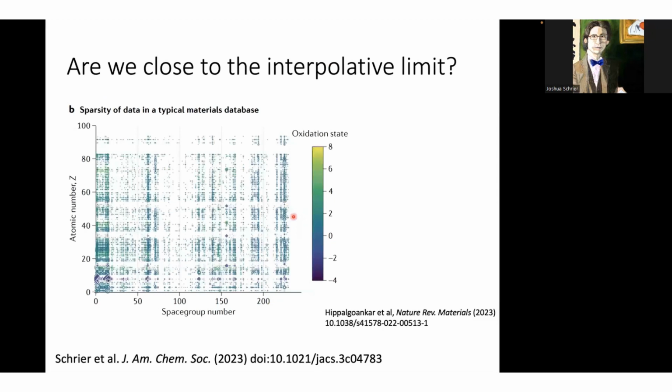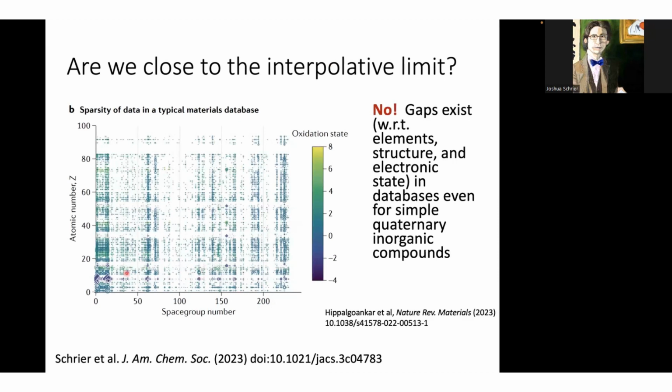The other thing is you might say, well, we haven't made all of the compounds that we could make, but maybe we've made enough that it's not hard to fill in the gaps. In other words, we could just interpolate. And there too, even if you look at things like the crystallographic space group, so the structure of the compound, and the atomic number of the elements present, and the oxidation state of the metals that are present, there are big gaps in these data sets.